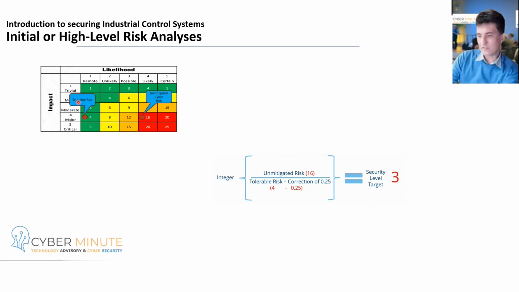Because there's actually a very black and white, very easy formula to translate this matrix that we know and use every day into a security level target. So what we'll actually be doing is we'll take, from our risk analysis, our highest risk, and we'll divide that through our tolerable risk. There's a small correction factor there, but we'll actually have a calculation to define our security level targets.